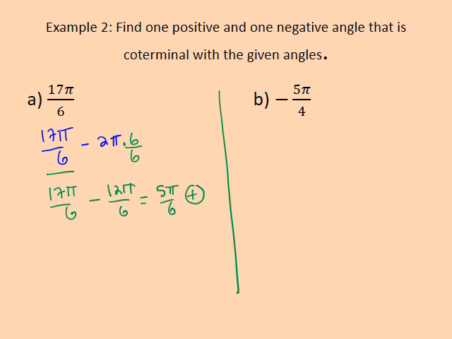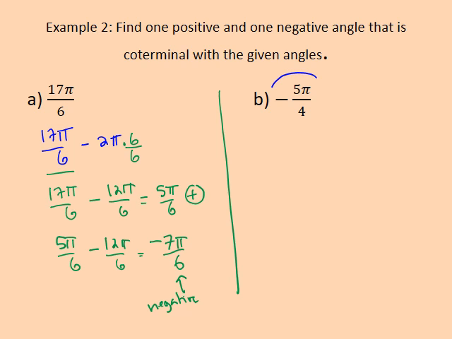Now, if I want to find the negative, I keep subtracting 2 pi. So 5 pi over 6 minus 12 pi over 6 is negative 7 pi over 6. So that is my negative coterminal angle.